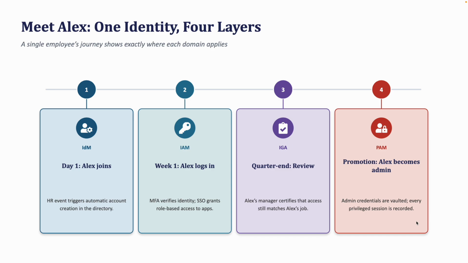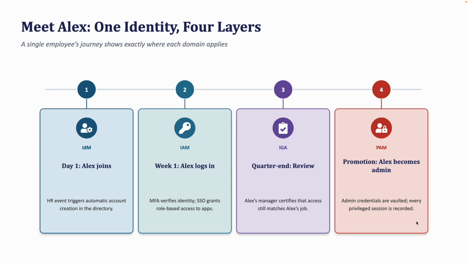And let's think about a scenario like a person called Alex joining. That's the HR event. Alex logs into a system. That's when the IAM kicks in. And at the end of the quarter or the half year or the year, you review the permissions of Alex, right? Alex's manager certifies that Alex still matches Alex's job and so forth.